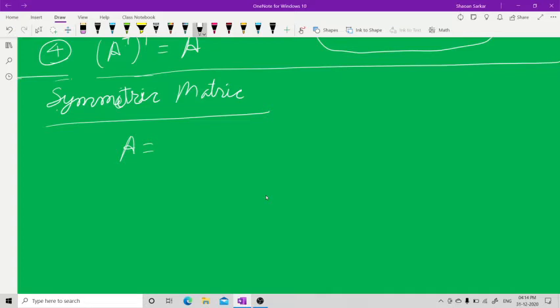Symmetric matrix. Now, you have a matrix A. I have already told you what the principal diagonal is in my earlier video. Now you write anything here of your choice, 3, 4, 5. Now this is the position A11, this is A22, this is A33.